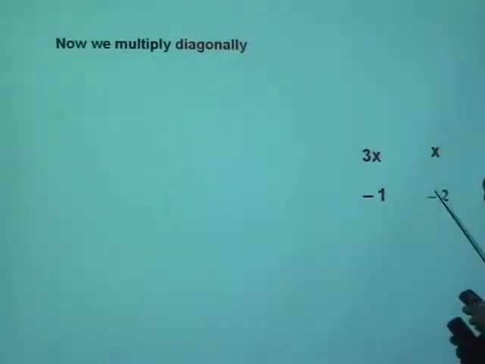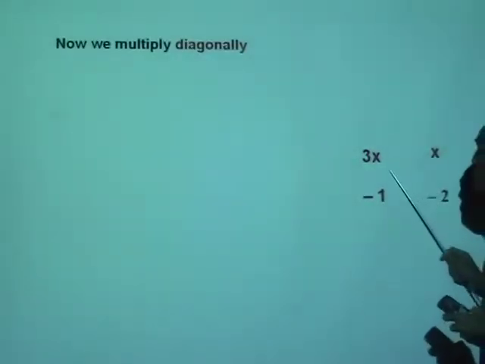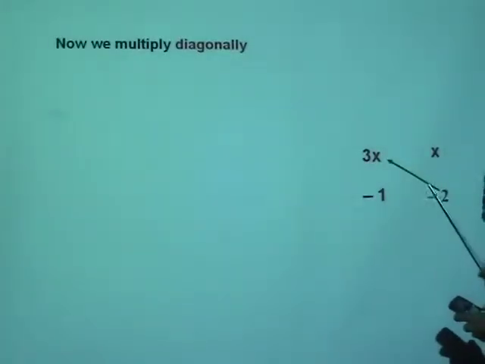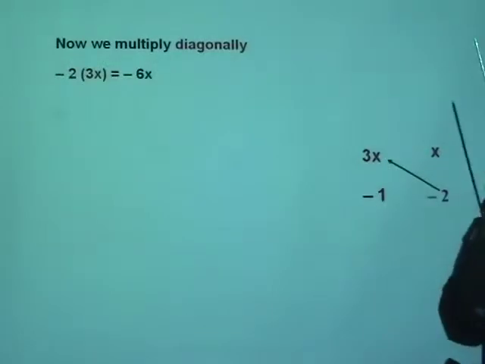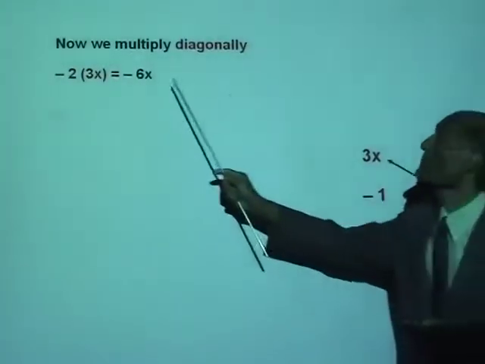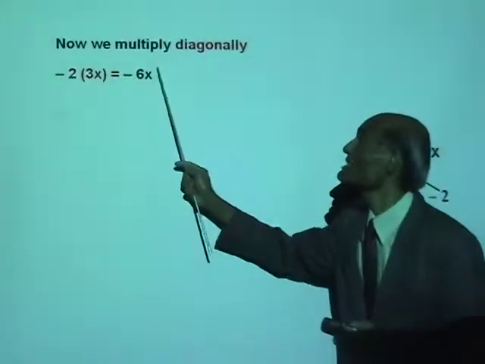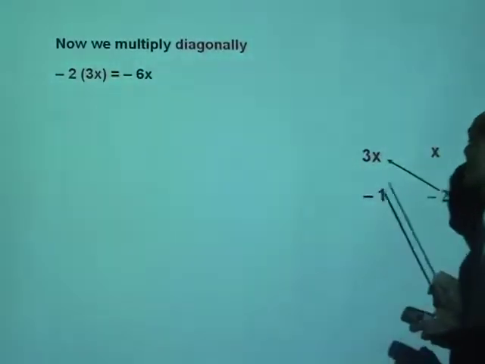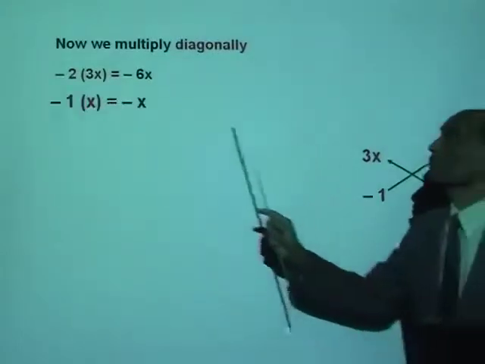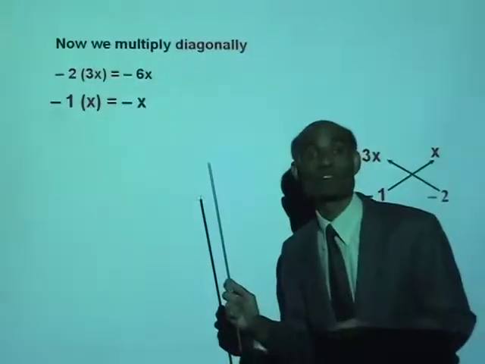In other words, multiply negative 2 with 3x and negative 1 with x. Negative 2 multiplied by 3x is negative 6x. Negative 1 multiplied by x is negative x.